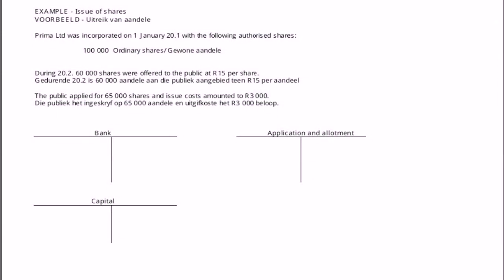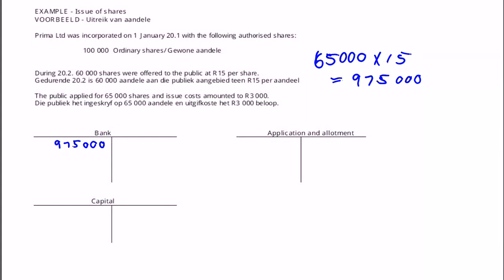So the money that we actually received from the public came to 65,000 shares, multiplied by 15, which is going to give me 975,000 Rand. So that's the money that I actually received in my bank account, 975,000. Now, this is not yet capital because I haven't allotted it or awarded it to the shareholders.